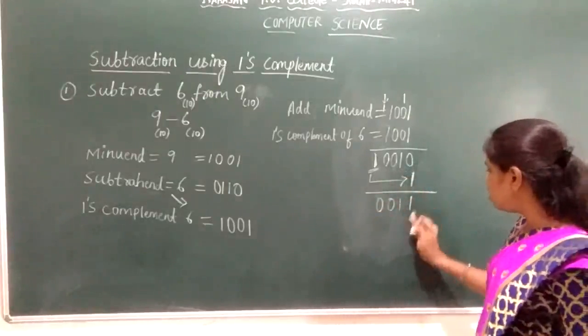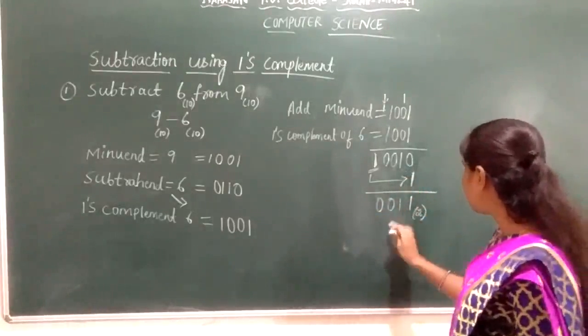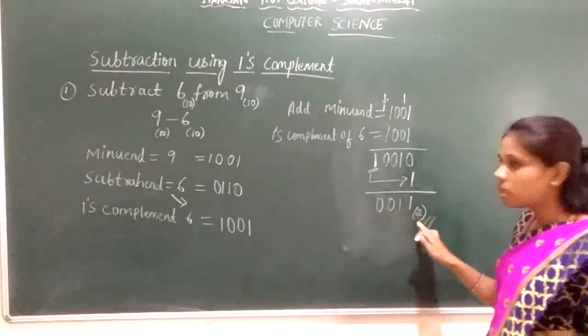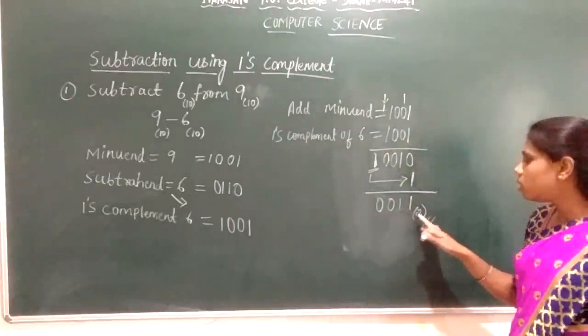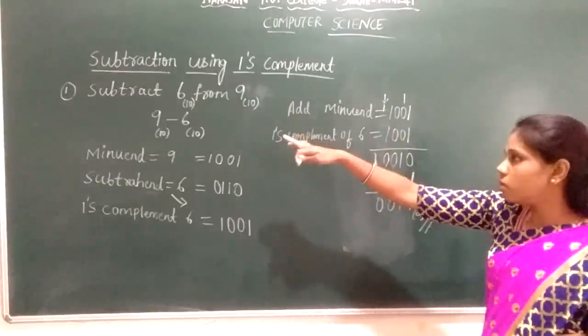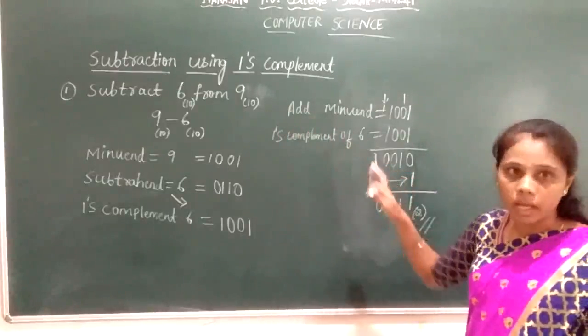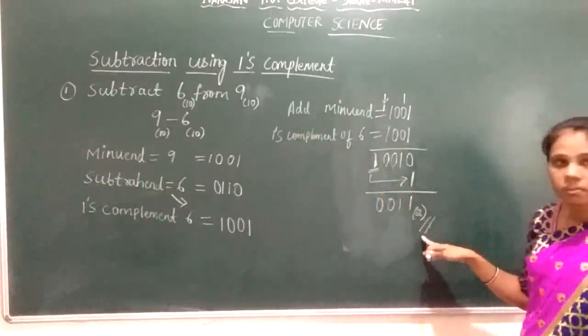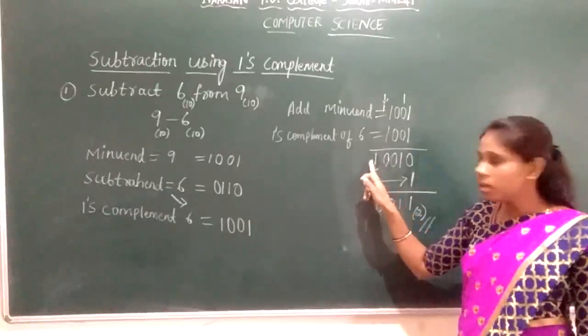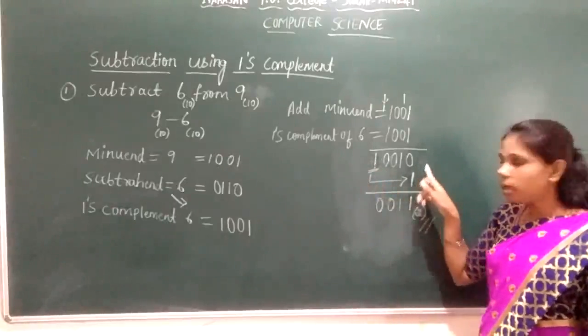This is the final answer in binary. So 0 0 1 1 is the result you get for subtracting 6 from 9, that is 3. So when we get a carry, we need to add it back to the LSB.